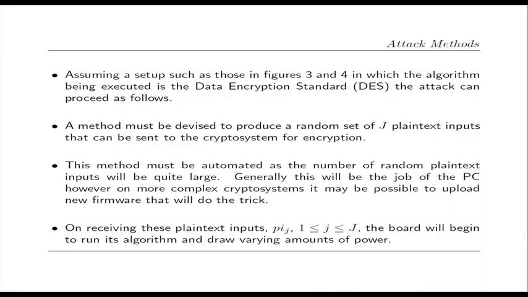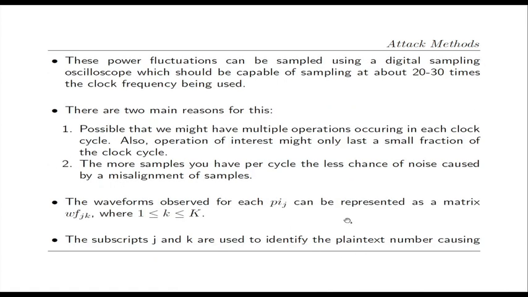Now, upon receiving the plain text, we ask the board to run the algorithm, and it will draw varying amounts of power, because we ultimately want to encrypt this plain text and get the ciphertext. This power fluctuation can be sampled using digital sampling, which should be capable of sampling at about 20 to 30 times the clock frequency being used.